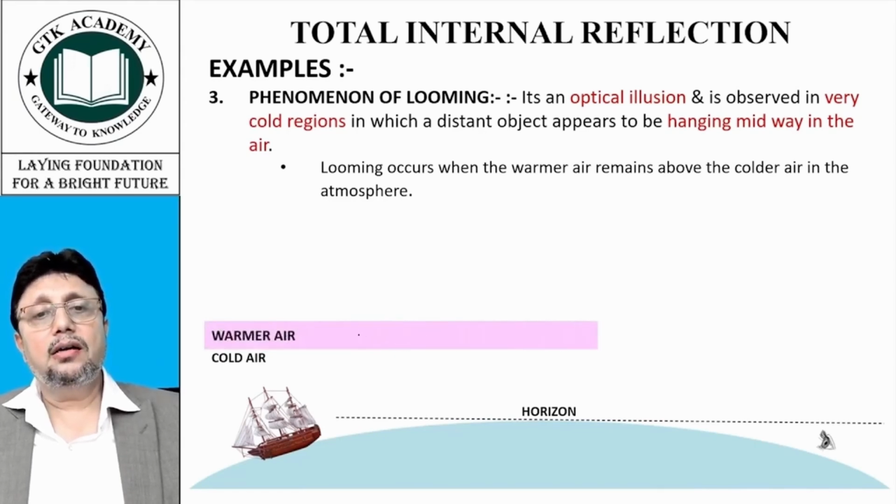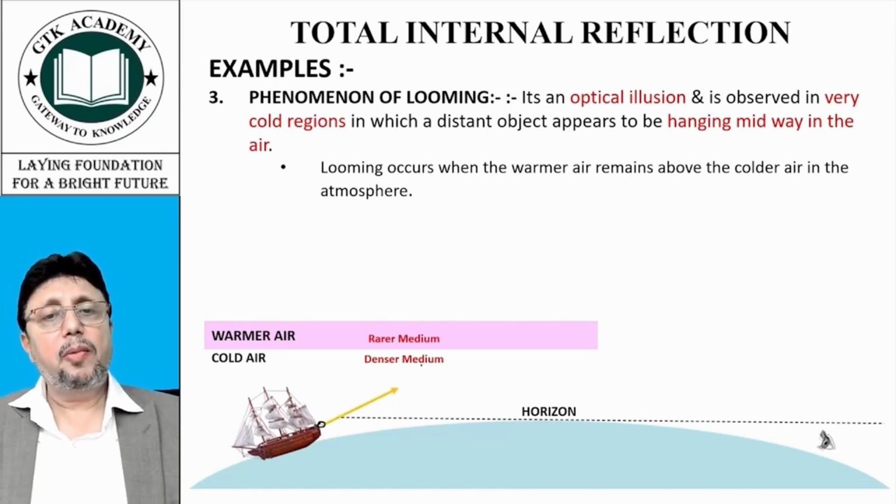So there are some warm air layers, and beneath them there are cold air layers. So this is a rarer medium and this is a denser medium. So when the light ray, any light ray, say for example, it comes out of this point.